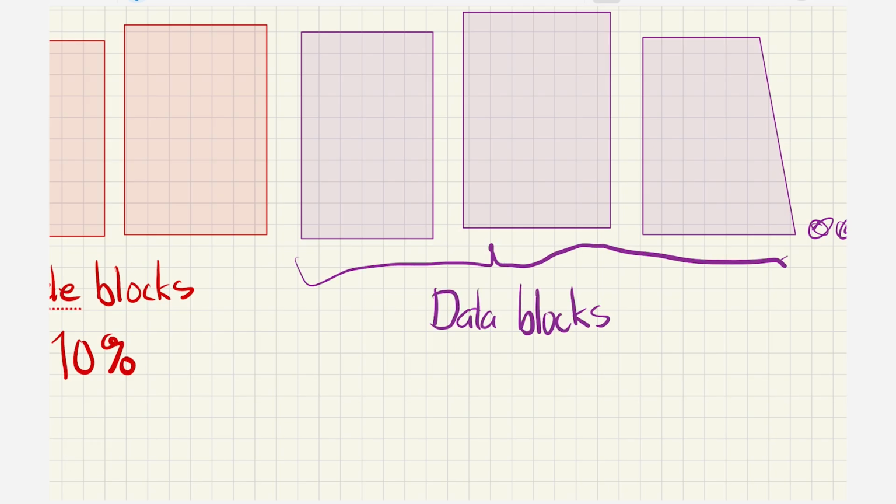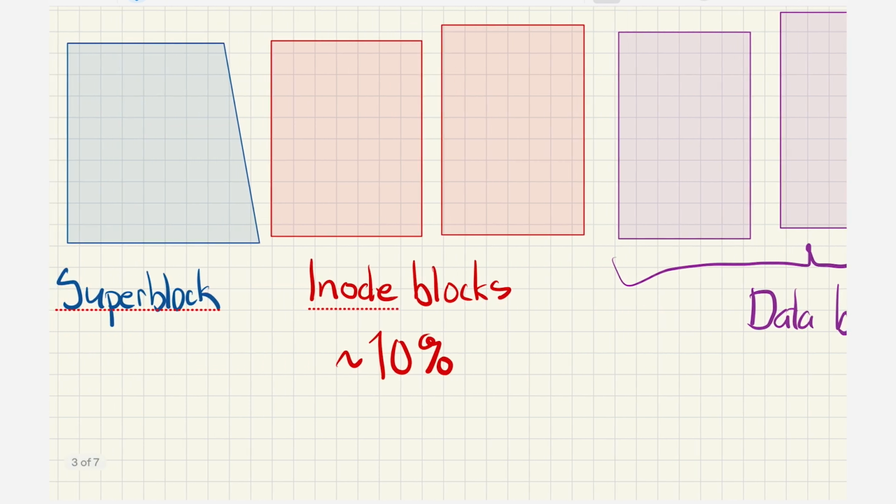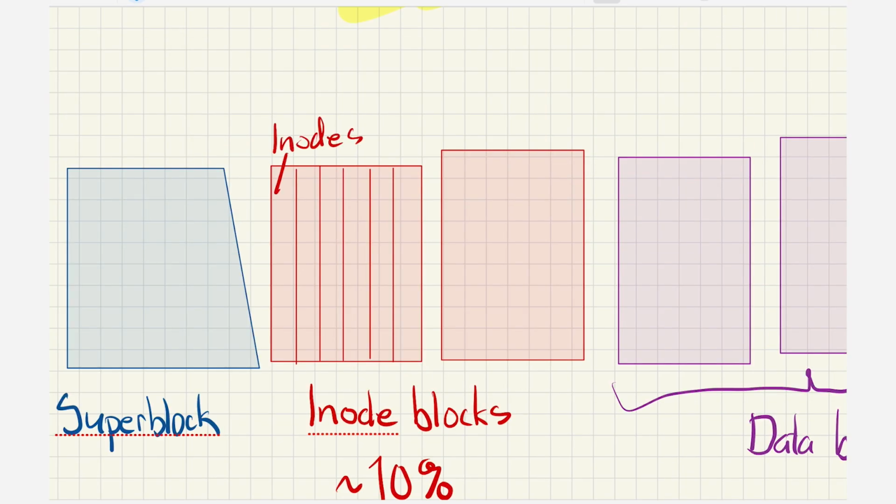The data blocks will contain the actual data, and the inode blocks will be divided into different inodes. An inode is a header which describes one single file.